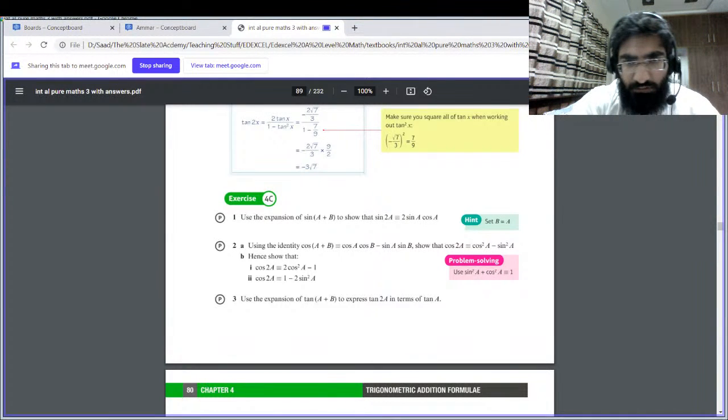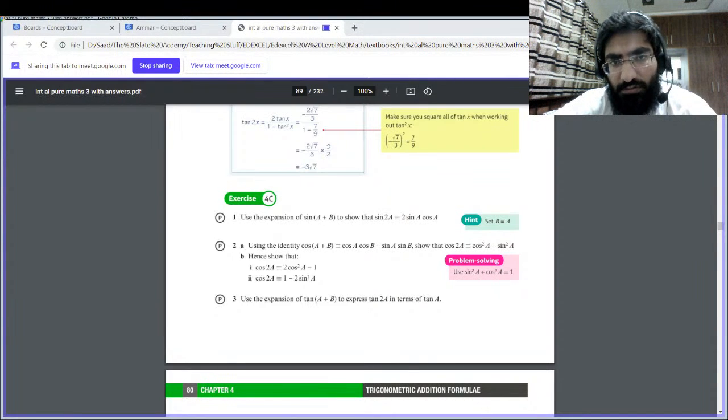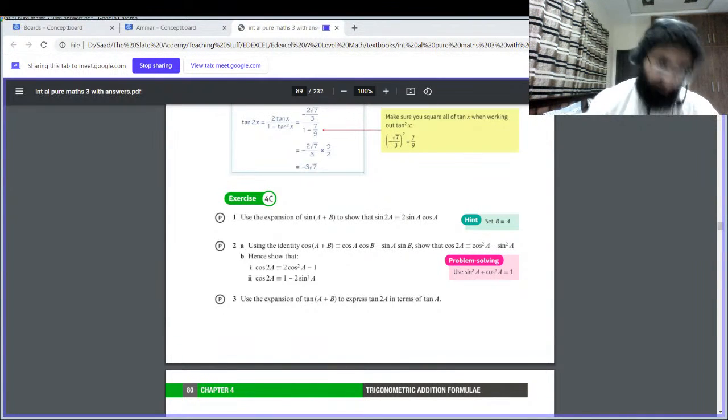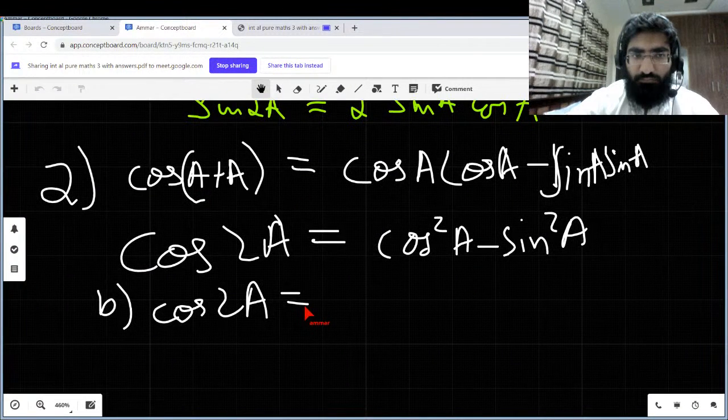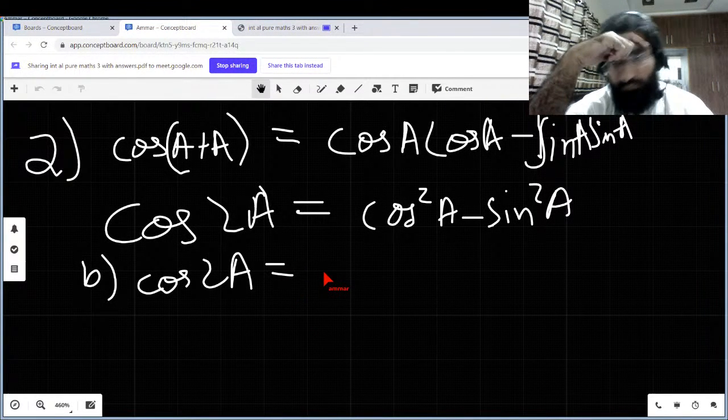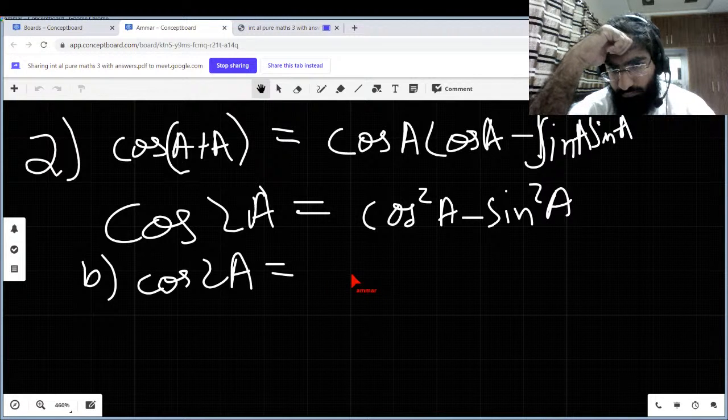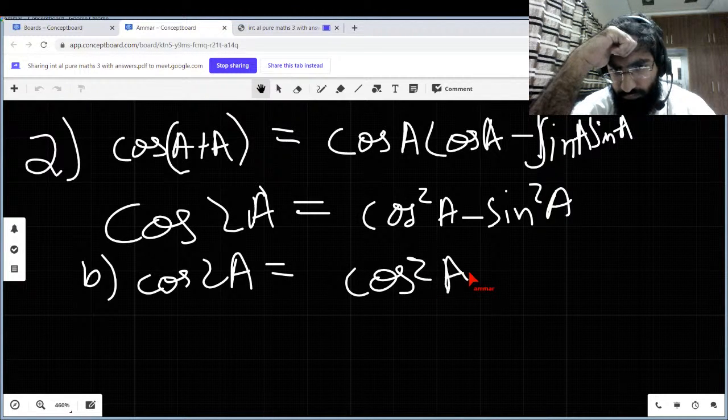That's what you needed. Hence show that cos 2A is equal to 2 cos squared A minus 1. So cos 2A is cos squared A minus sine squared A, which is how much?